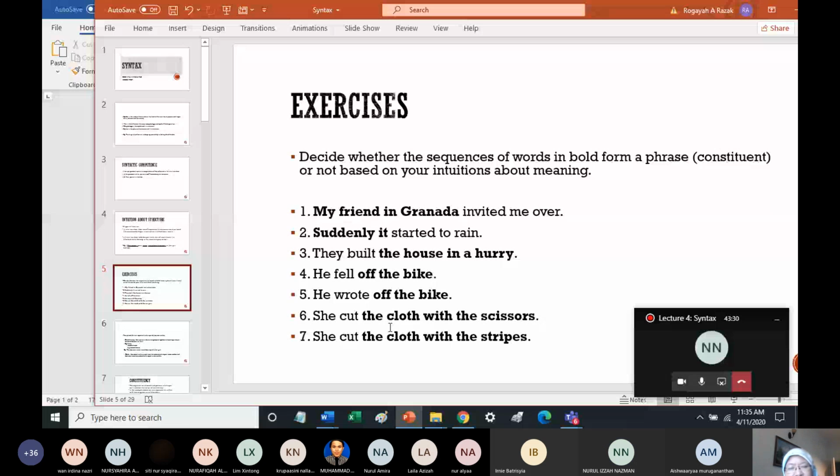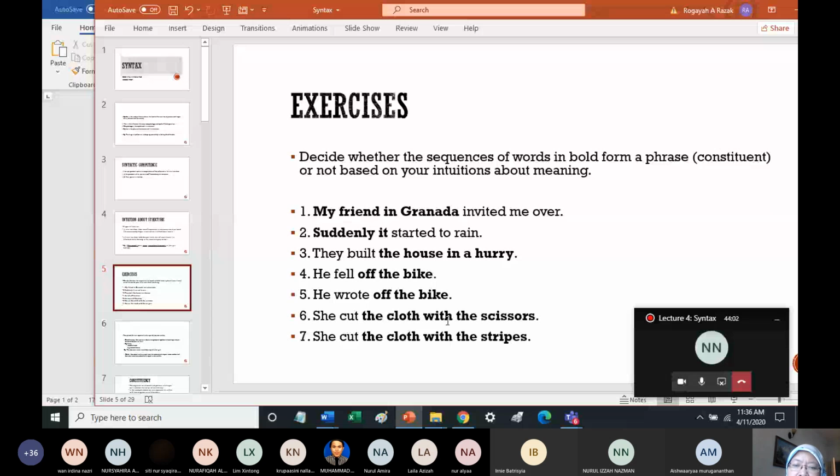Okay. Good, Iza. So with the scissors actually means instrument. The instrument that you use to cut the cloth with. So in this instance, Aishwarya is also right, but your intuition is that it's not a constituent. You need to extend yourself a bit and think about the meaning of the sentence.